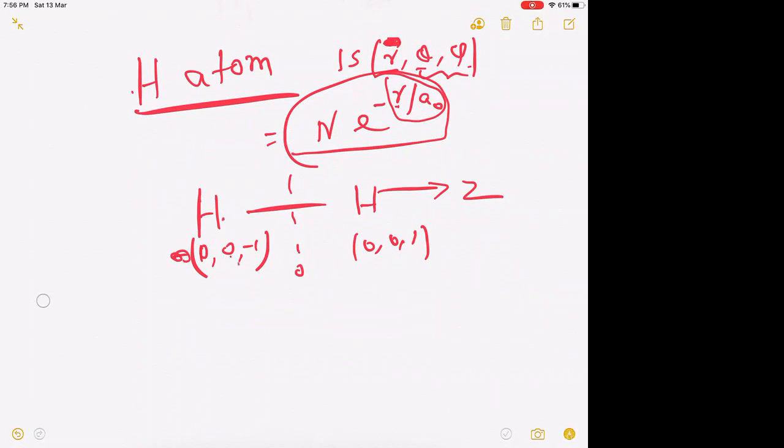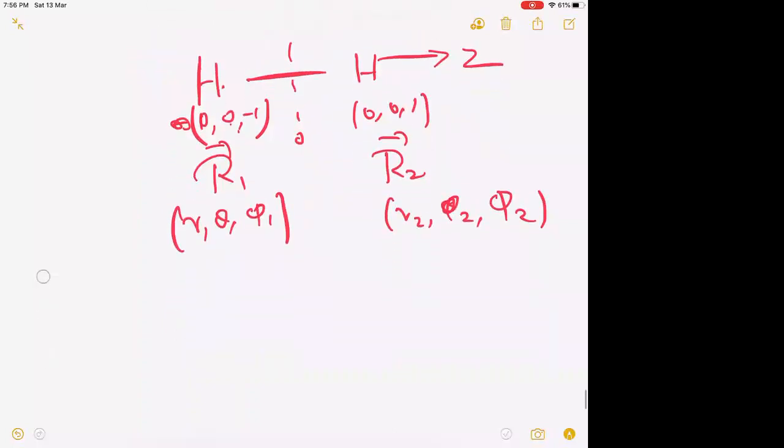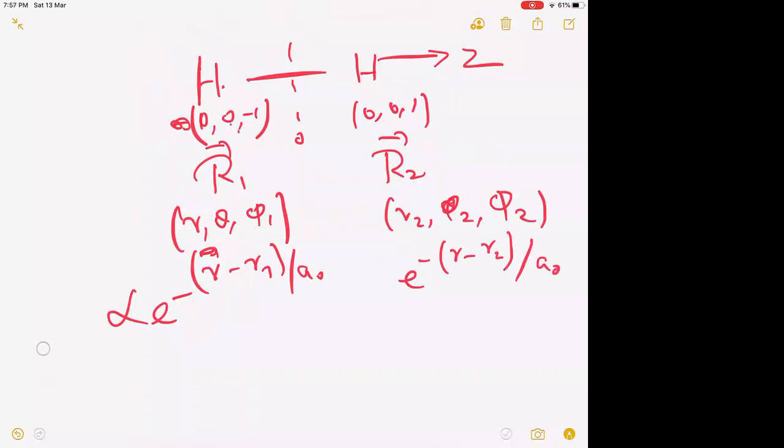So I should transform this into r theta phi, and I will call this r1 and this r2, with r1 theta 1 phi 1 and r2 theta 2 phi 2. So I'm just going over to spherical polar coordinates, and then this hydrogen atom 1s orbital will now be exponential minus r minus r1 divided by n, and this will become exponential minus r minus r2 divided by n.